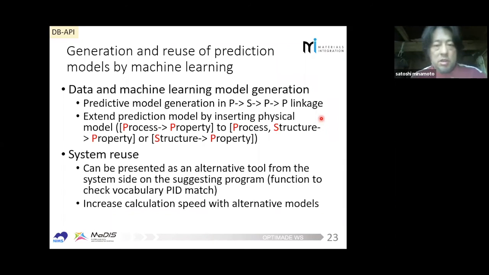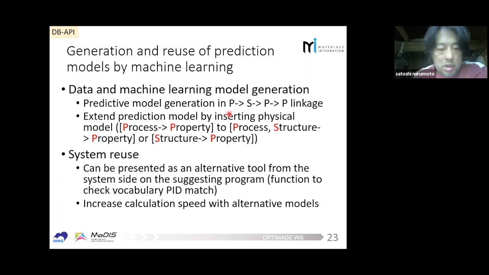Yes, and here is what I mentioned. We have to expand the prediction model by inserting the physical model in order to understand the background. So in order to do that, we convert the process information to structure information to understand the property or performance of structural materials.